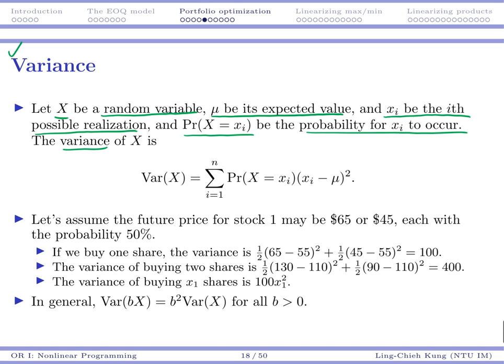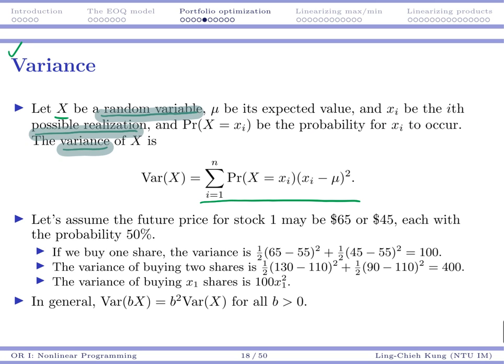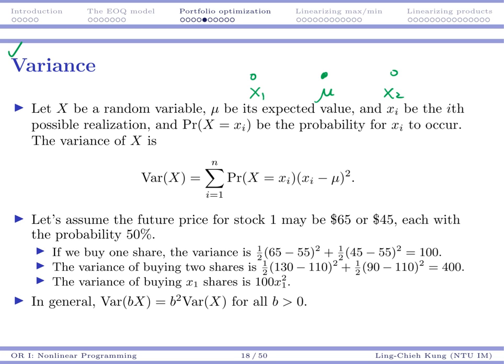Then the variance is defined in this way. This is the formula for variance. This is not a statistics or probability course, so I would assume you know it and just give you some interpretation. You have one point, which is your mu, and you have some other points, which are your possible realizations. If the distance between each realization and your mu becomes higher, then you have a larger variance.